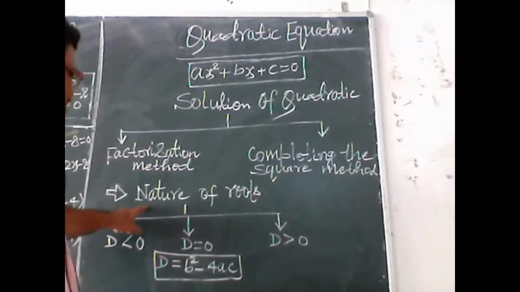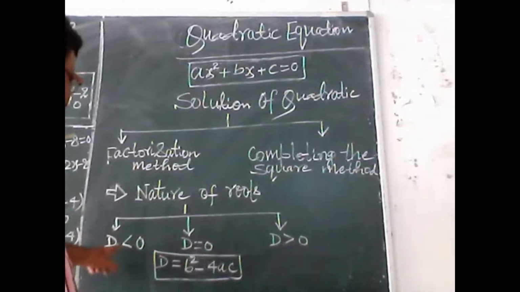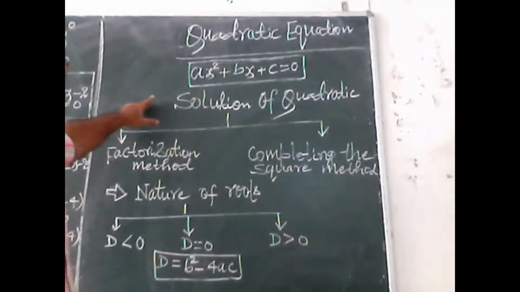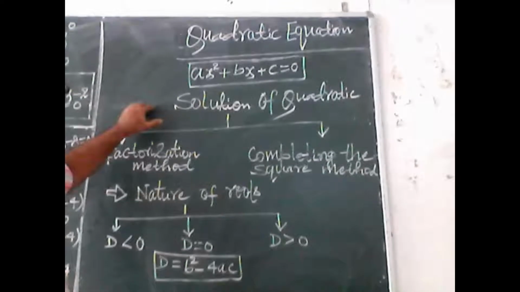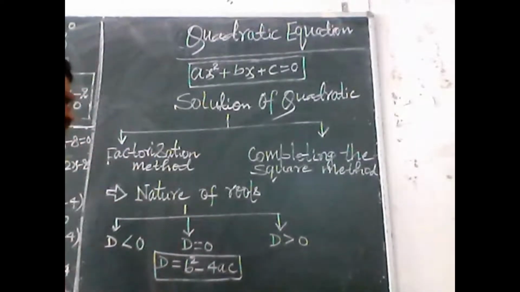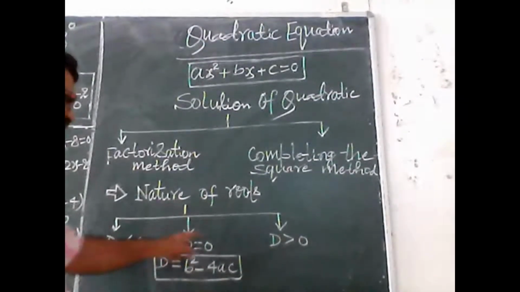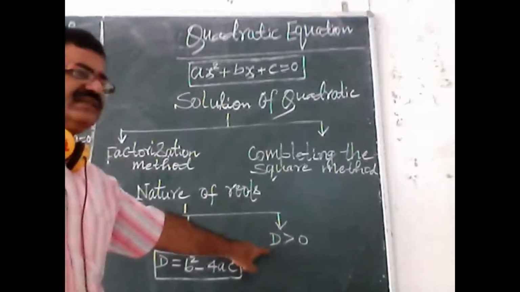Our next topic is nature of the roots. In quadratic equations a specific property exists which is known as the discriminant. It is denoted by D. There are three cases: either D is less than 0, D is equal to 0, or D is greater than 0.